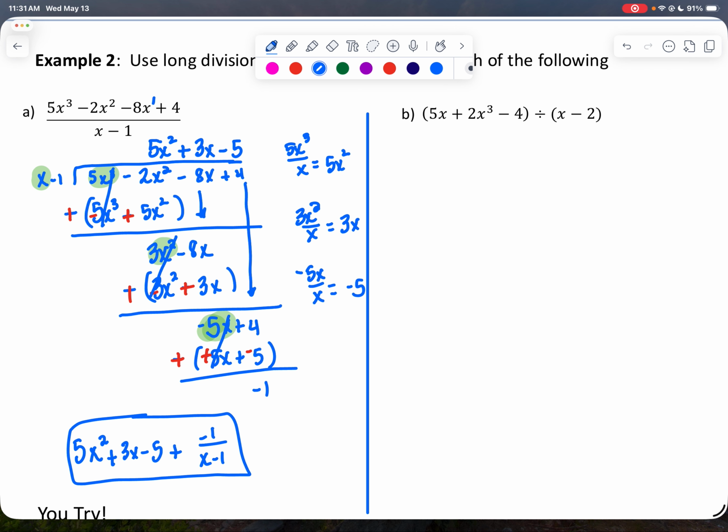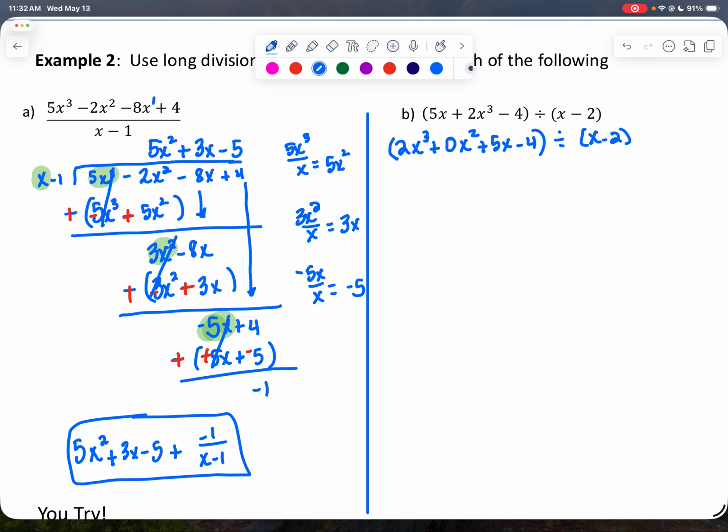So I'm going to rewrite this polynomial in standard form, and I'm going to fill in, we have 2x cubed, then I'm going to add in a 0x squared, okay, because we need an x squared term. Then we have a 5x and then minus 4 that we're dividing by x minus 2.